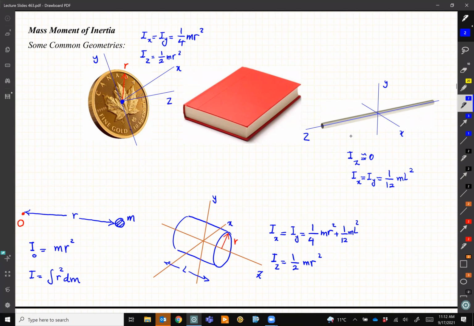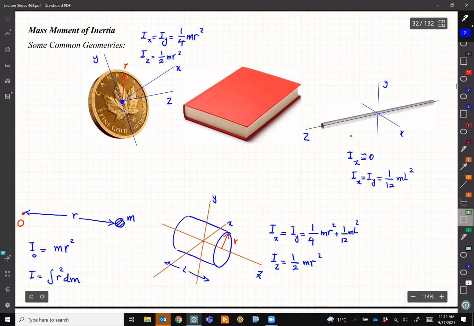Okay, so then simply, if we see a disk, and the question doesn't mention the thickness, it means you can ignore the thickness and write down Ix, Iy as that.